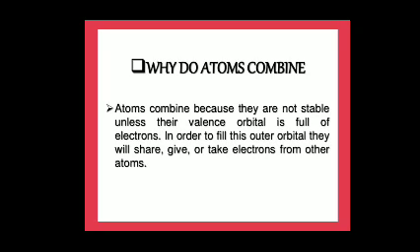Atoms of other elements tend to attain this noble gas configuration in their outermost orbital to get stability. Atoms that already have a stable electronic configuration do not form chemical bonds.